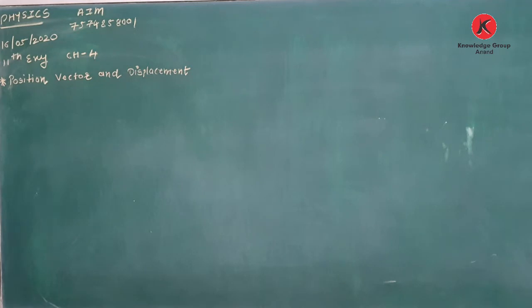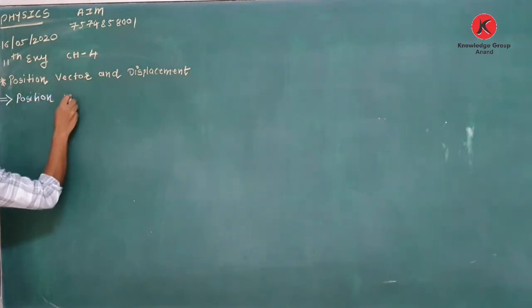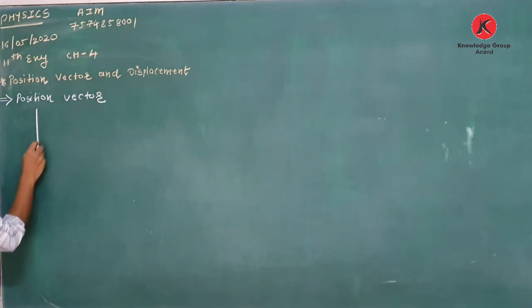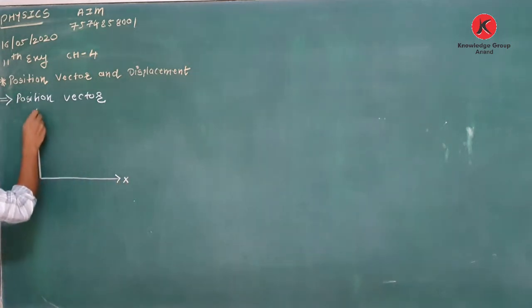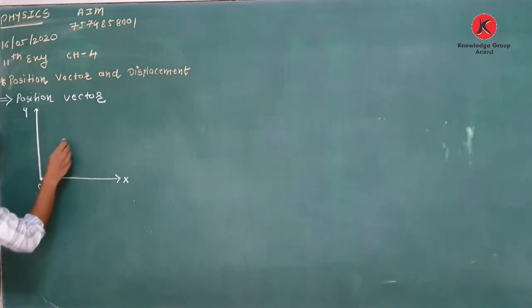First of all, we will understand how to write any position vector. For example, I have an x-axis and a y-axis, and this is the origin.